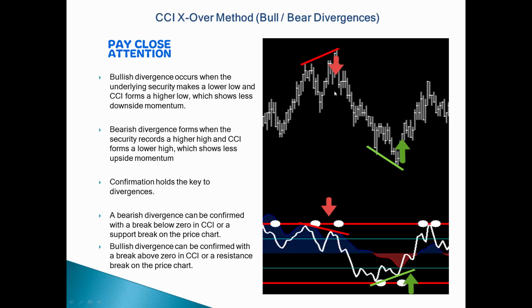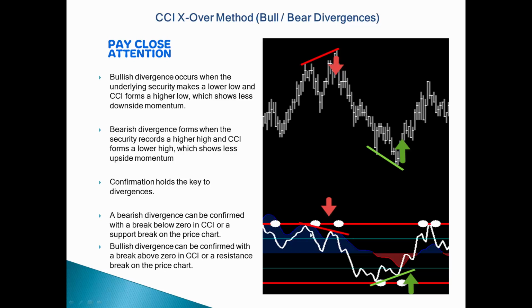So it's always good to have 2 or 3 different types of conditions where you're willing to take a trade from, whether it's a divergence condition here, or an overbought and oversold in a range, or a trend. So you have some flexibility to choose what you're looking for.